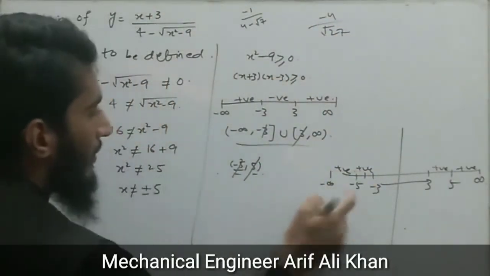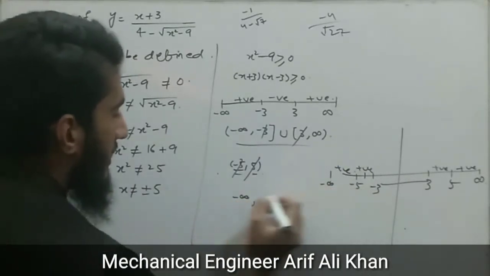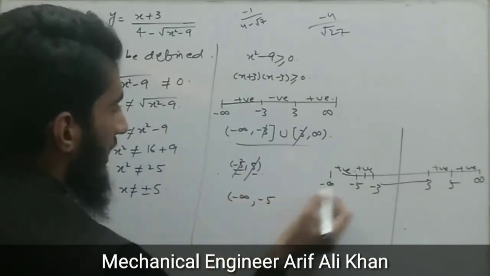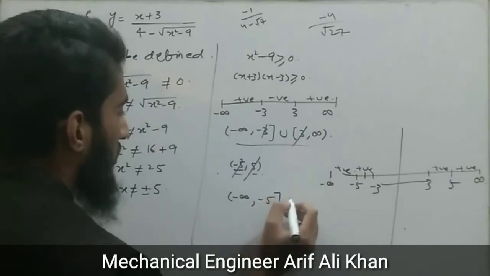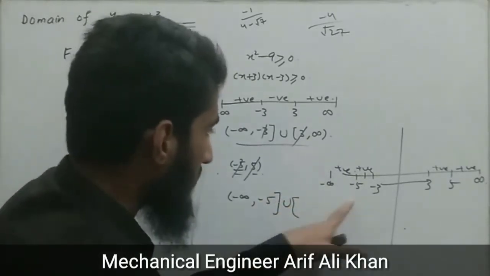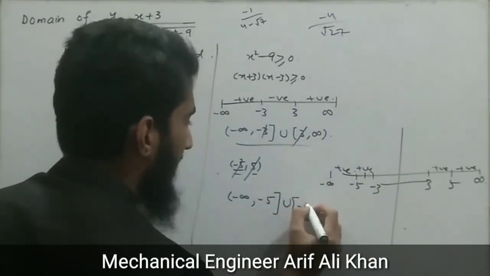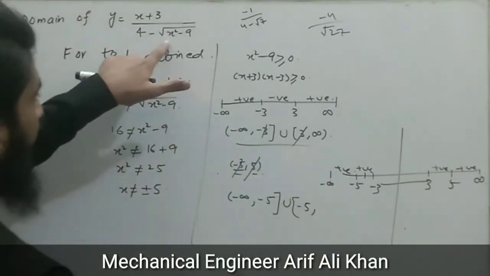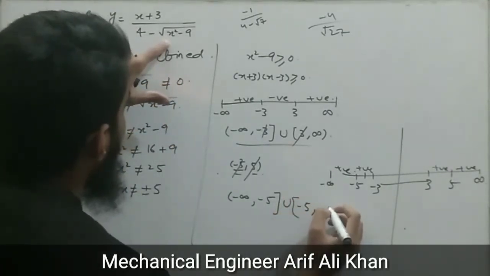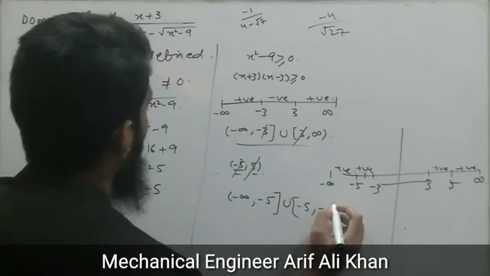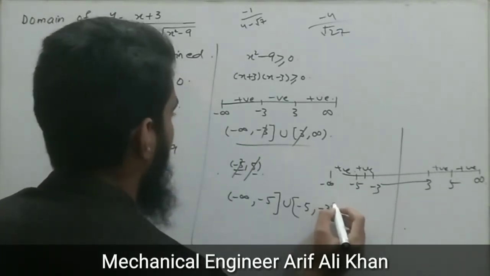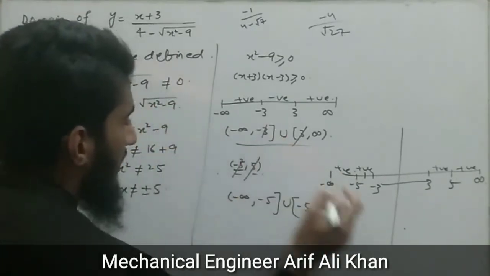So my solution will be from negative infinity to negative 5. Over here it cannot take negative 5, so we write an open interval, union minus 5 to minus 3. It can take negative 3 because it gives a valid answer, so we write a closed bracket. It can take 3, we write a closed interval.